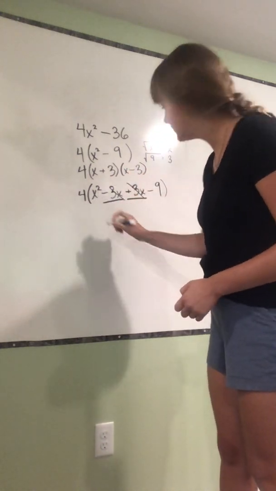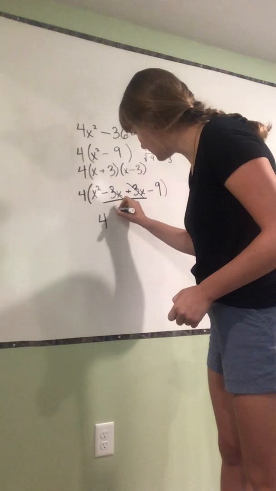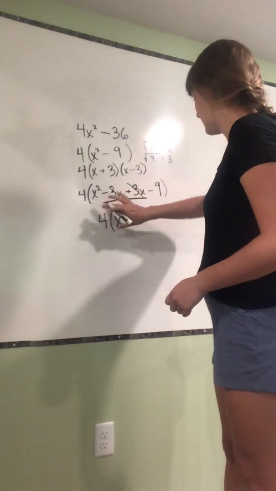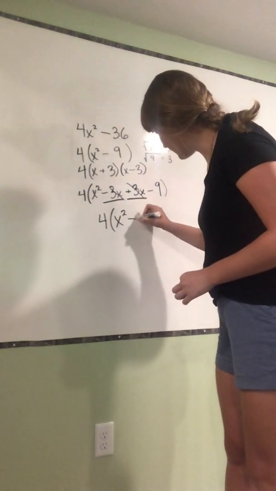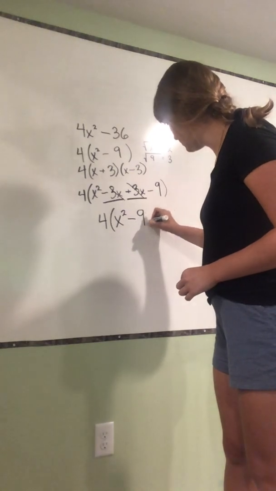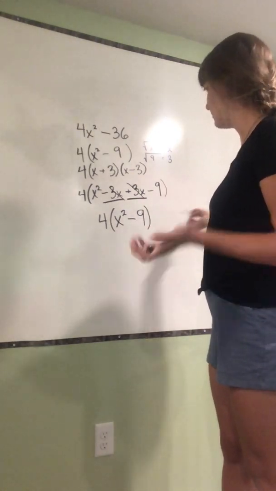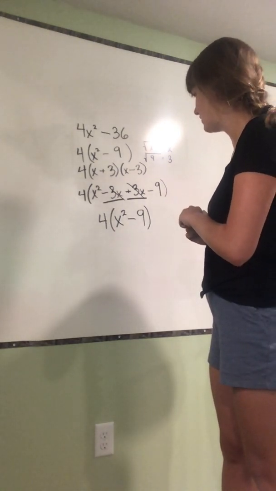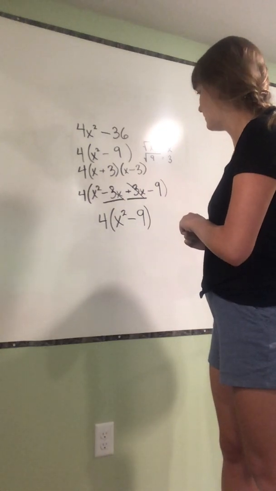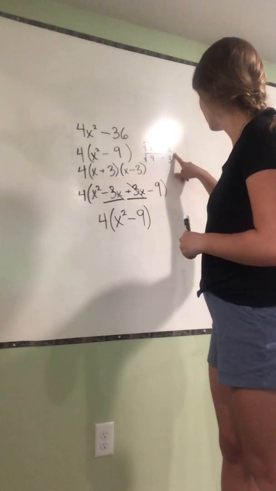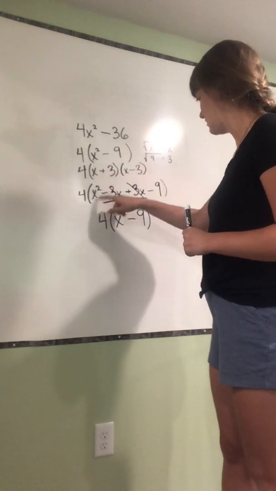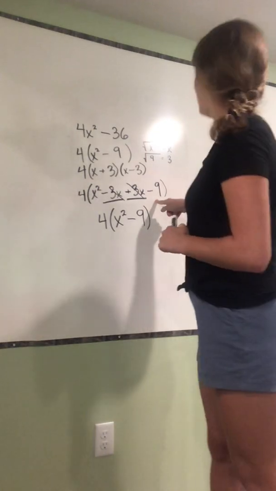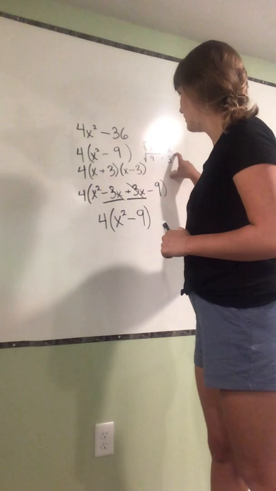So if you work it a little bit below, 4 times x squared, then these are canceled, so they're vanished. Poof, they're gone. X squared minus 9. There! Voila! Oh, wait. What did I do?